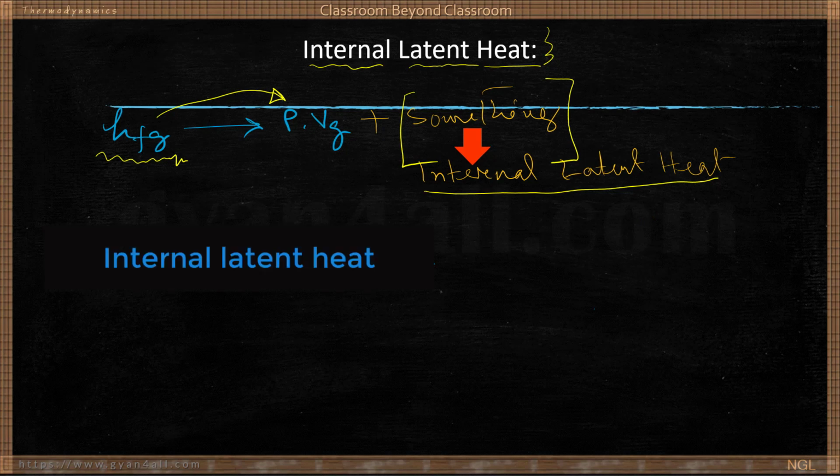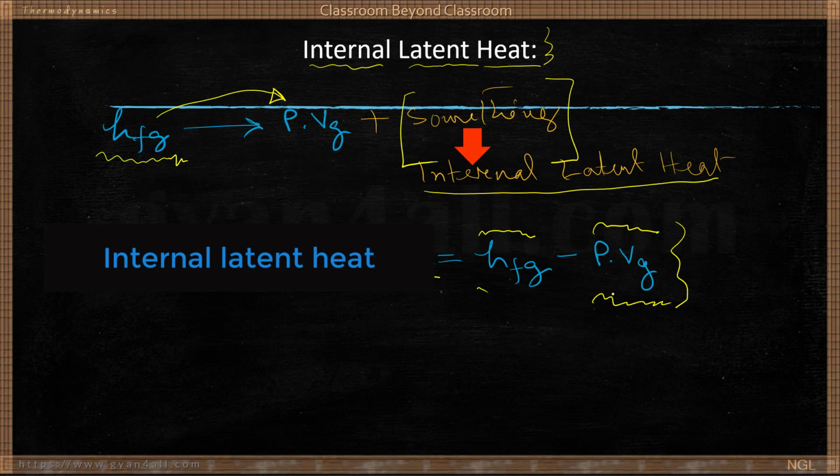So from this we can make one equation. The internal latent heat is equal to the latent heat of vaporization minus work done, and this is only during evaporation, because work is done only during evaporation. Although we add heat, work is not done before that.